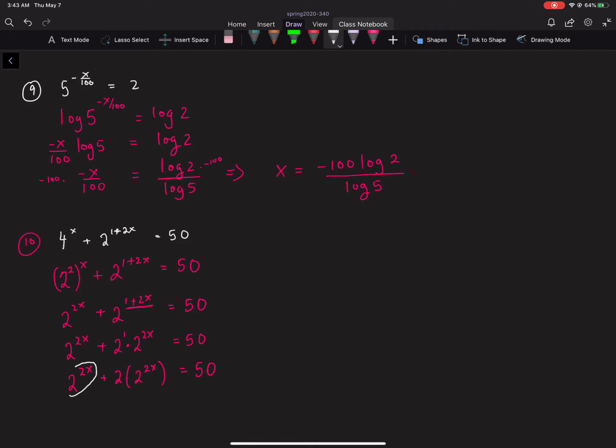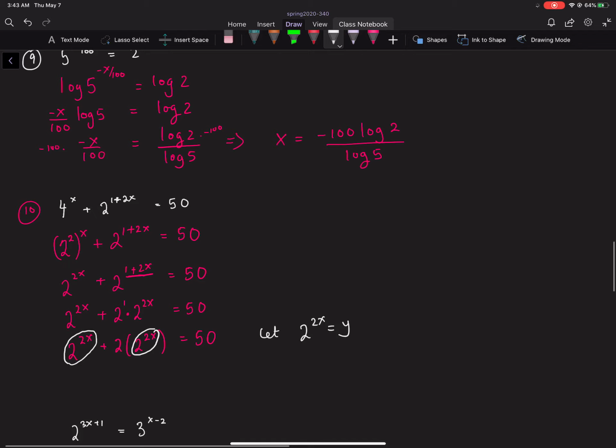If you think about this as a single variable, let 2 to the 2x be equal to y. Then you see that this is just y plus 2y is equal to 50. And so I get 3y is equal to 50.